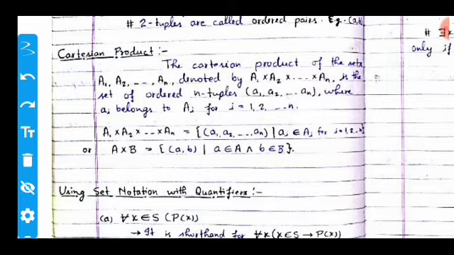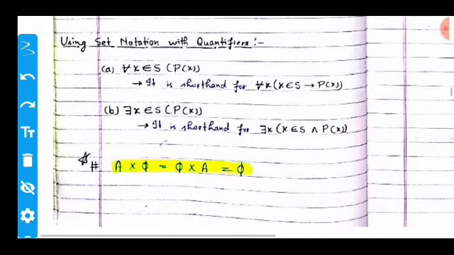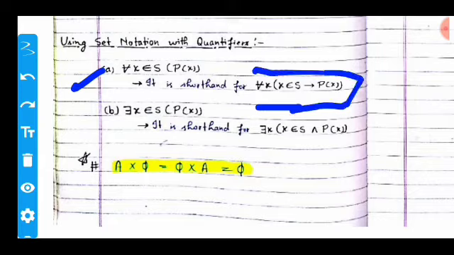Now, using some notation with quantifiers. The first one is for all x belonging to S, P of x. It is shorthand for for all x, x belongs to capital S implies P of x.